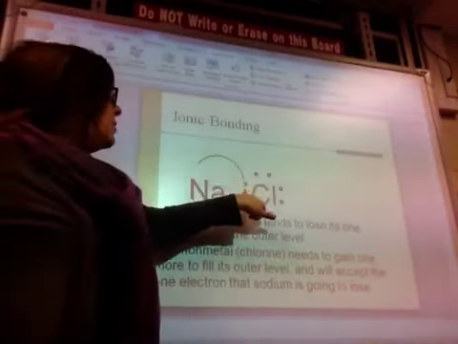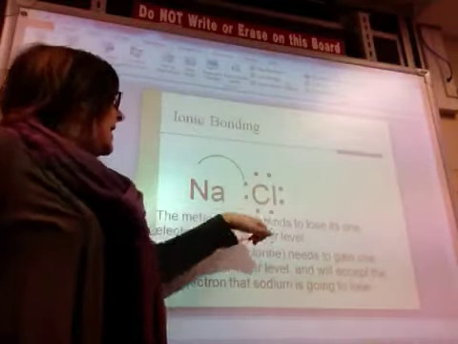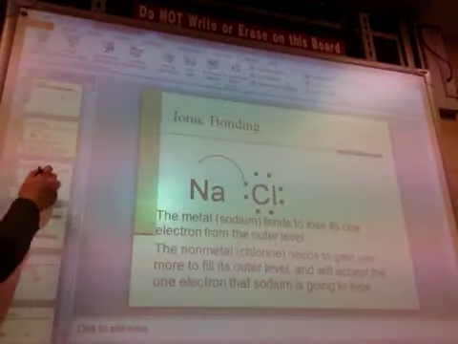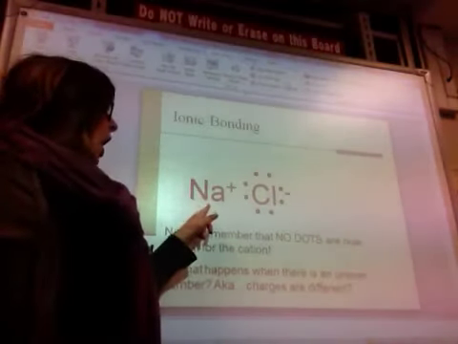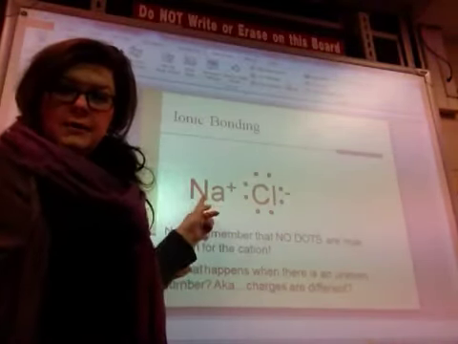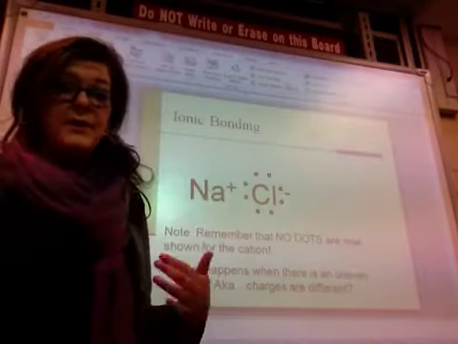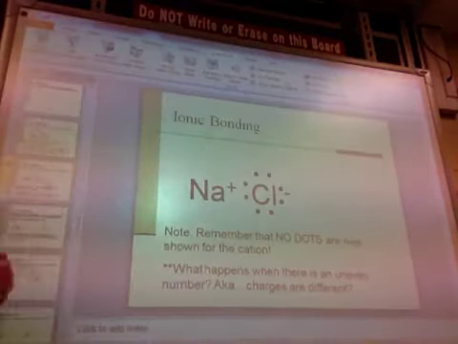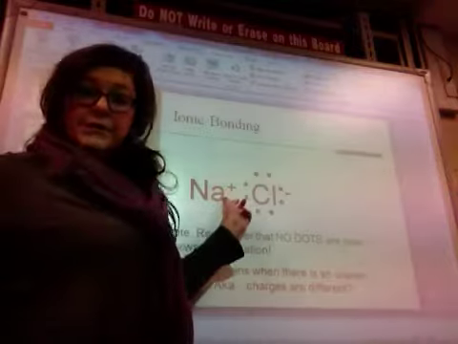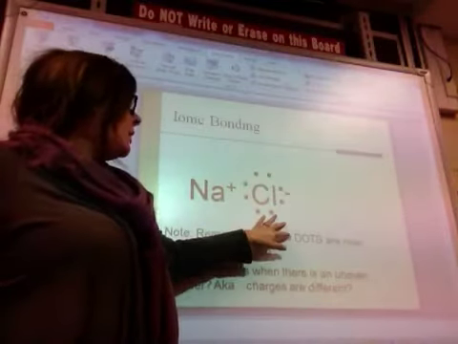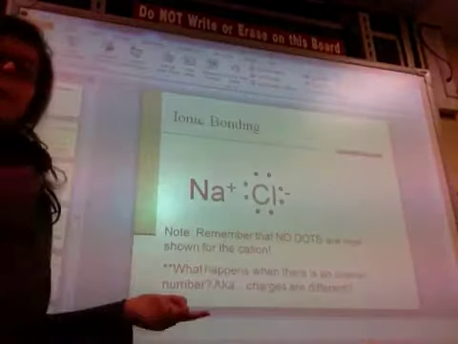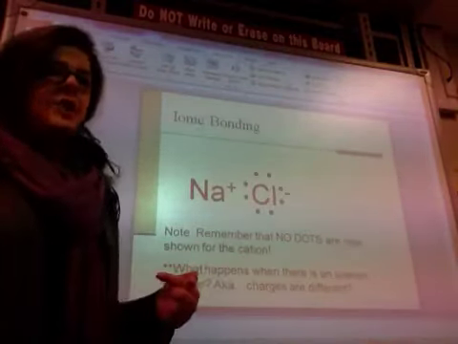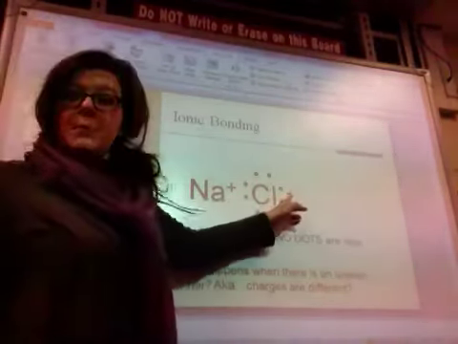Now that chlorine has this one extra electron, we have to give both of these charges. Since sodium lost an electron, it has more positive charges now than negative charges. So that means that sodium is going to be a positive 1 charge. Chlorine gained a negative charge, so now it has one more negative charge than it does positive charges, so that means that chlorine will be negative.